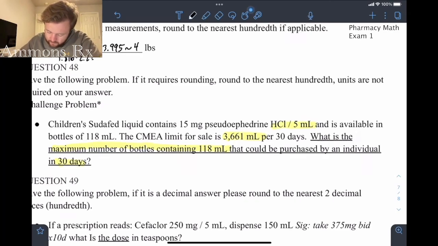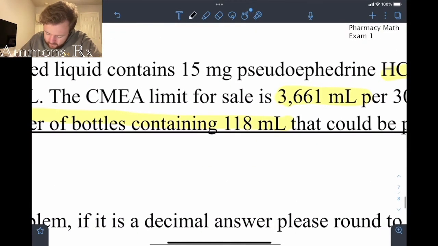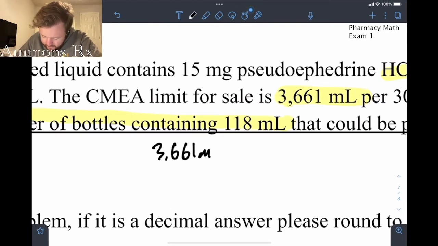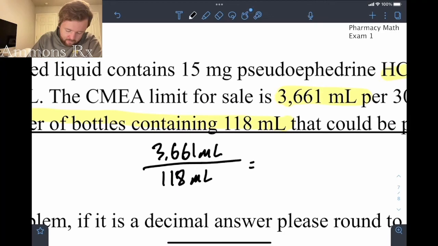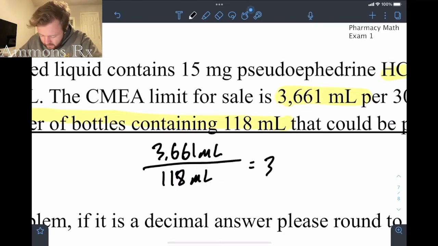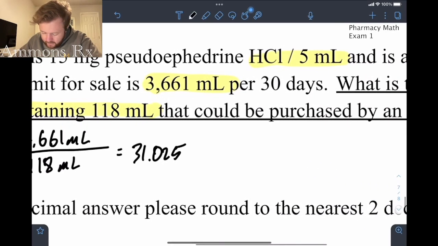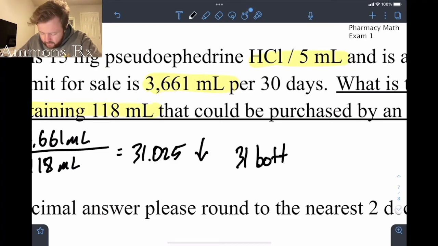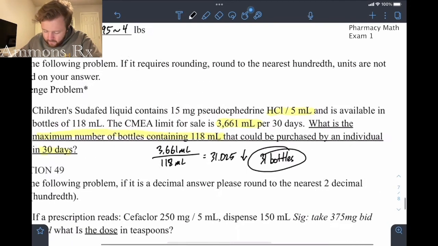So basically, we just have their limit, 3,661, and we have how many mils the bottles are. And I get 31.025. Once again, round down, 31 bottles. Okay.